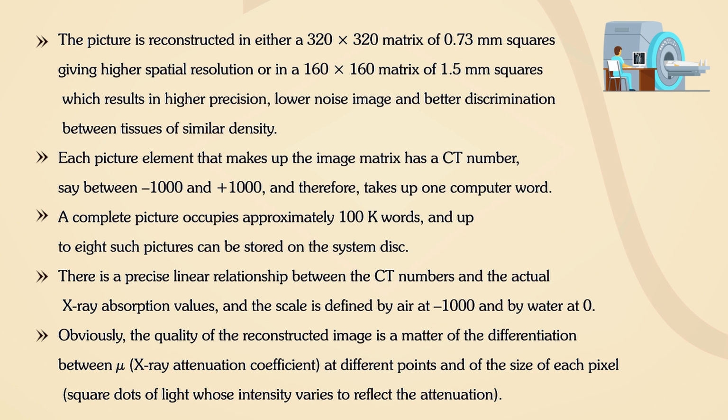Obviously, the quality of the reconstructed image is a matter of the differentiation between mu, that is X-ray attenuation coefficient, at different points, and of the size of each pixel, square dots of light whose intensity varies to reflect the attenuation.